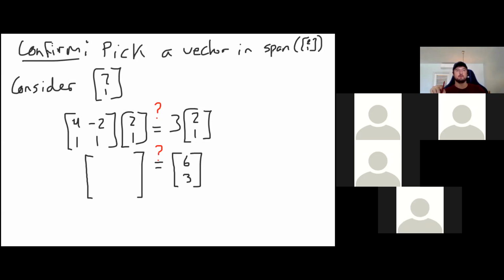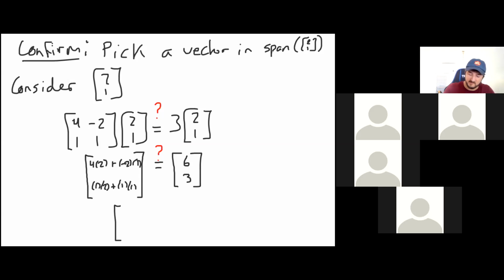It's row by columns. So I'm going to have a 4 times a 2 plus a -2 times 1, taking the first row, multiplying it by the first column. That finishes that row's multiplication by every column. So I move on to the next row, which would be a 1 times a 2 plus a 1 times a 1.